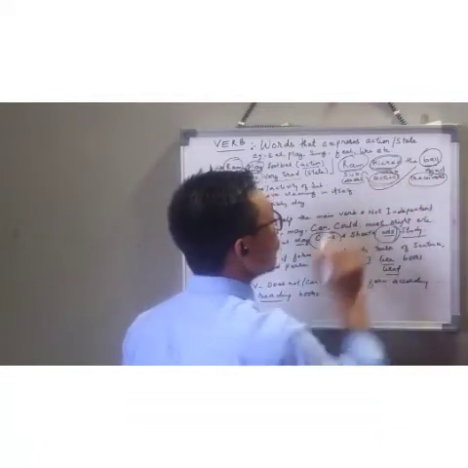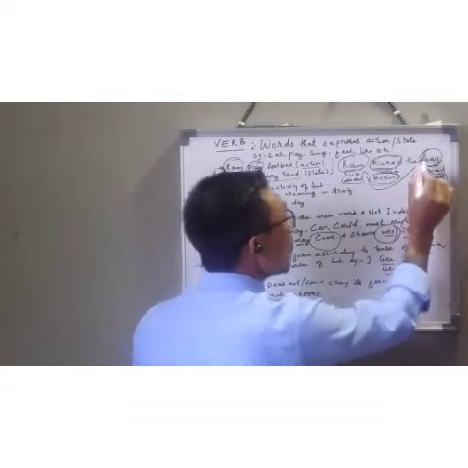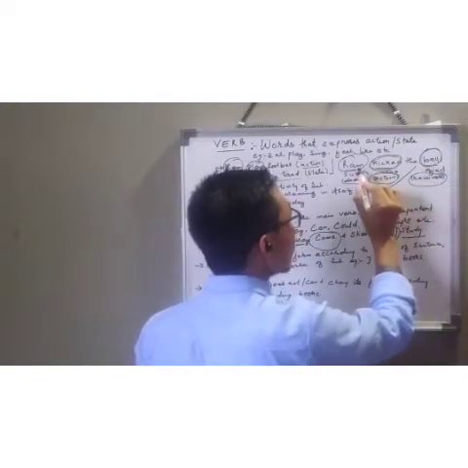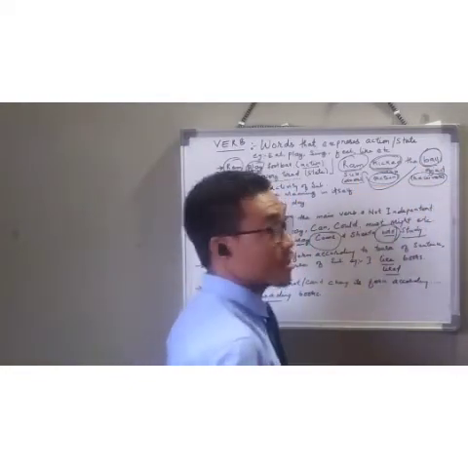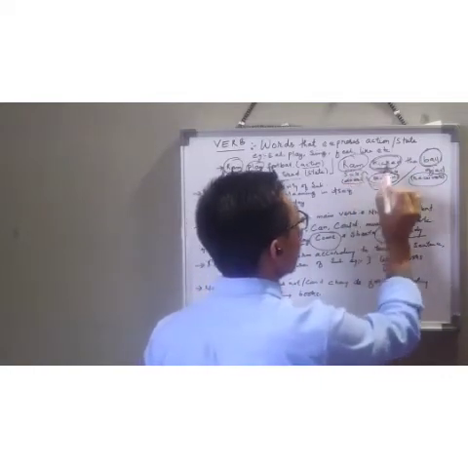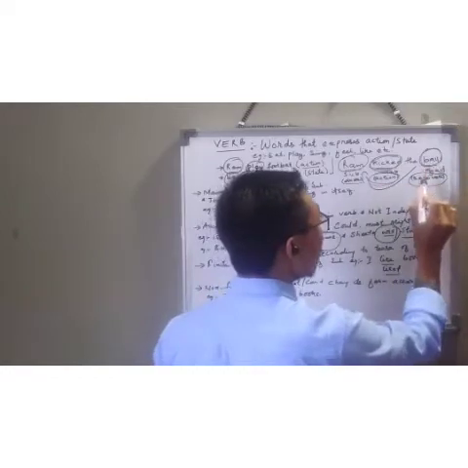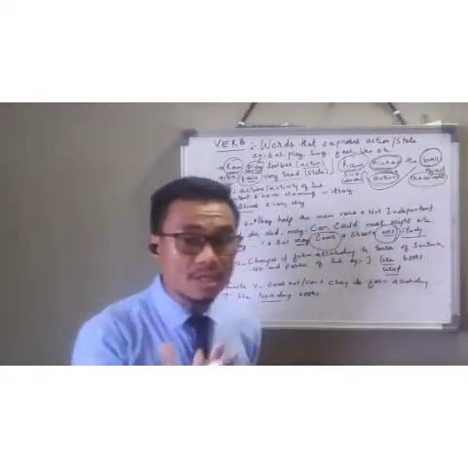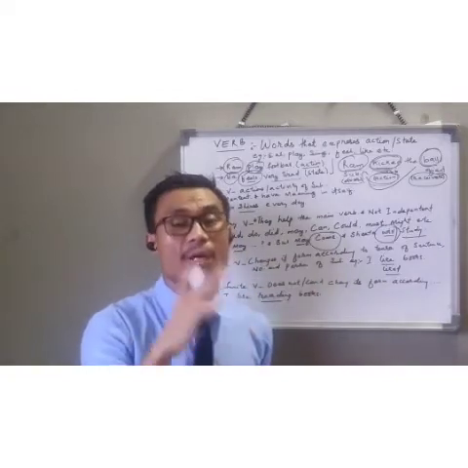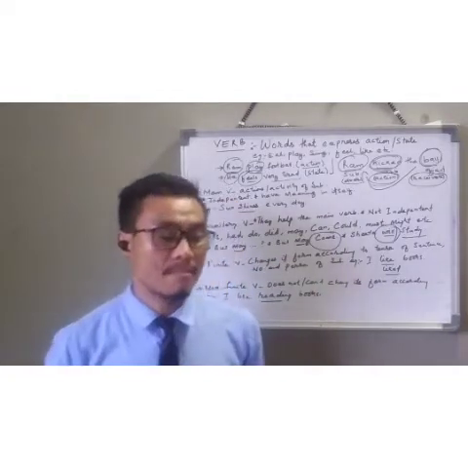And this kicked is a verb. Now, the ball is an object, which received the action from the subject. So, Ram is a subject, kicked is a verb, ball is an object. This is how we find subject, verb and object in a sentence.